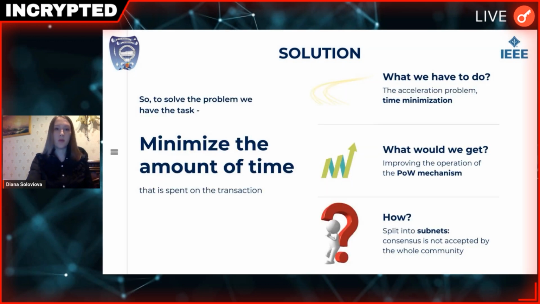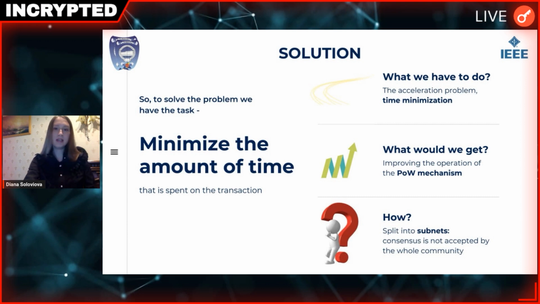So to solve the problem, we have a task to minimize the amount of time which is spent on the transaction. So we are going to split the proof of work blockchain system into subnets, where the consensus wouldn't be accepted by the whole community, but by the subnet.